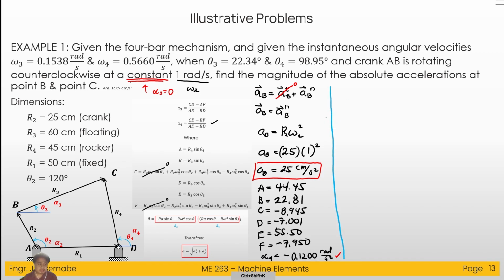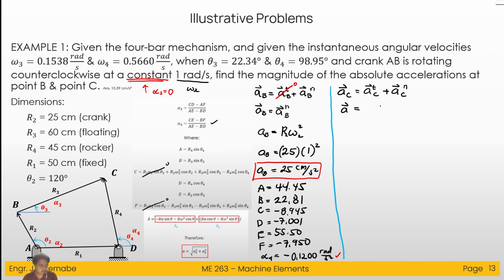So to find the total acceleration, you can remember that for point C, you have the tangential acceleration at point C, and also the normal acceleration at point C. So in here, if you can remember the equation, I have this in my notes already.